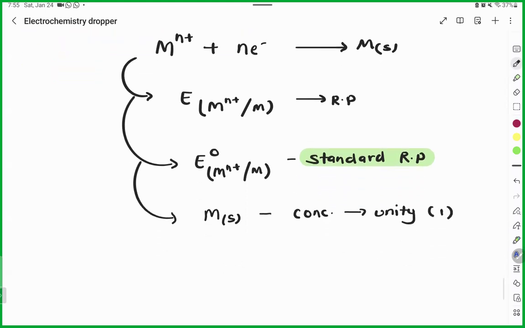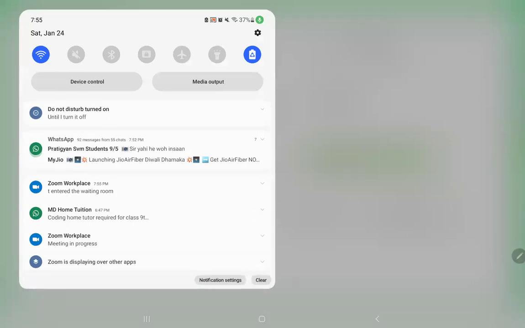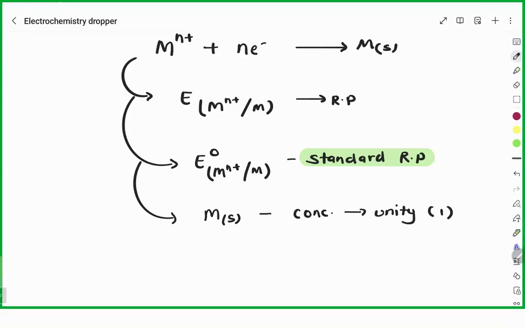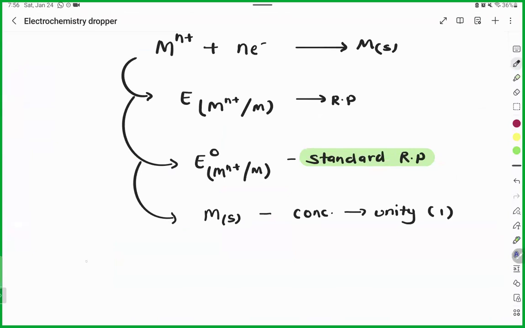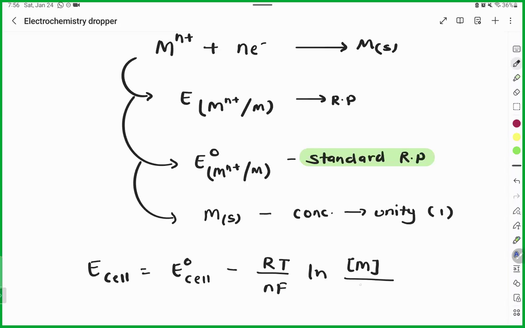And if you know all of this, the Nernst equation will be: E cell is equal to E naught cell minus RT by nF natural log, product is metal by reactant is your ion.